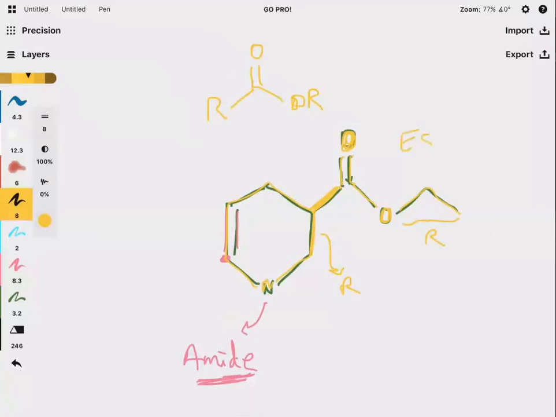So that would be an ester. So the pink part of this molecule is an amide. The yellow part of it is an ester.